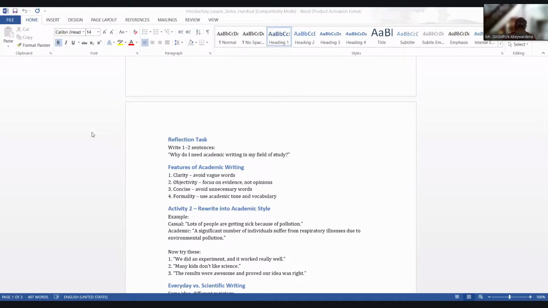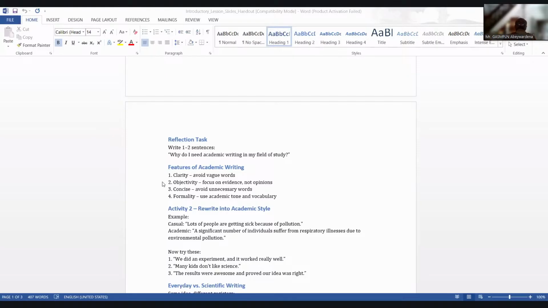Why do I need academic writing in my field of study? Try to write at least 2 sentences. At least 1 sentence. Think of these 4.